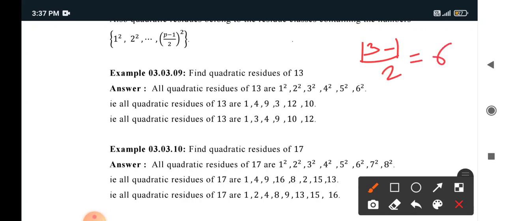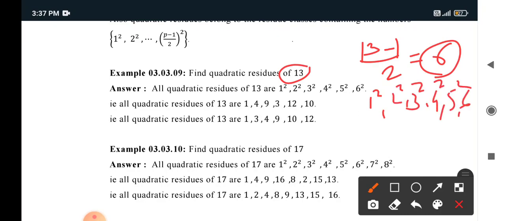So modulo 13 has exactly 6 quadratic residues, and the numbers are 1 squared, 2 squared, 3 squared, 4 squared, 5 squared, up to 6 squared. So these are the quadratic residues modulo 13: 1 squared is 1, 2 squared is 4, 9, 3, 12 and 10. This is the system of quadratic residues modulo 13.